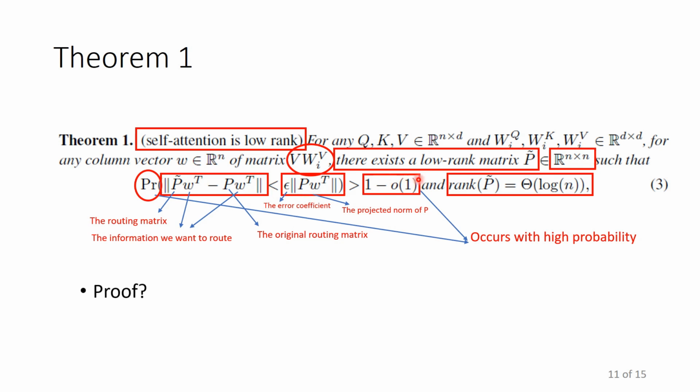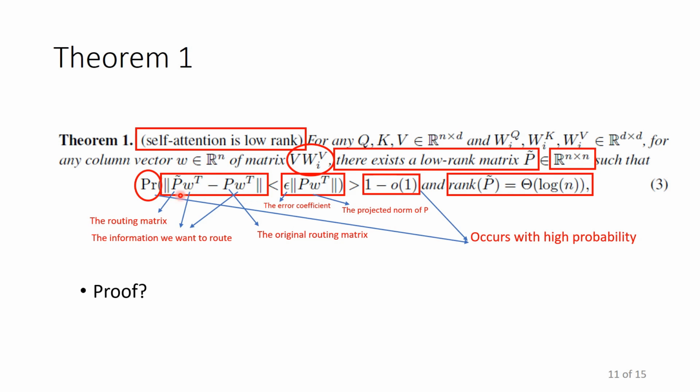So what this means is that they claim there exists a Lorentz matrix P tilde, and if we use that projection matrix, that routing matrix, to route the information we want to route, it will not be too far away from when we use the original matrix to route the same information.